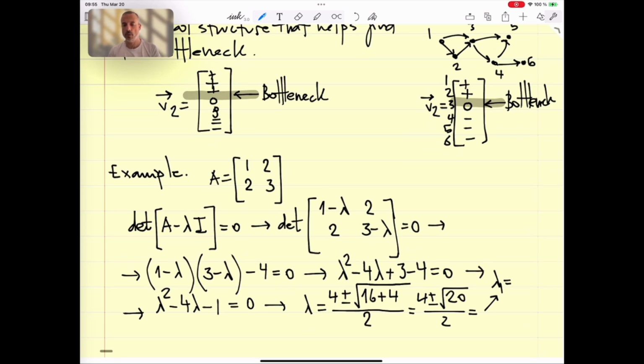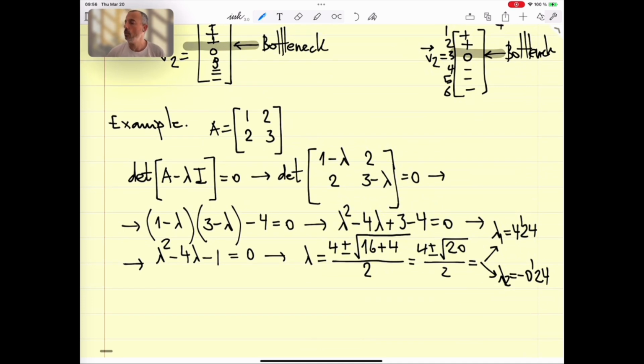Square root of 20 plus 4 divided by 2. This gives you 4.24. Lambda 2, it's square root of 20 minus plus 4 divided by 2. This is minus 0.24. So these are your two eigenvalues, okay?